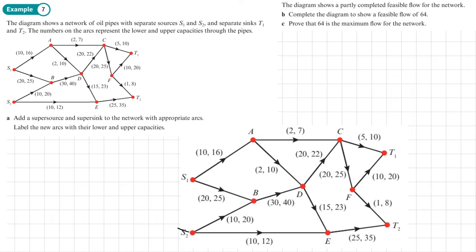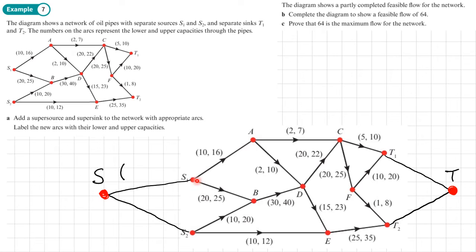Okay, so let's do that. Here, we'll label this S, and we'll do the same to the sink here, and we'll label this T. And if we want to write the capacities down, then the minimum capacity is going to be the sum of the minimum capacities at S1, which is going to be 30, and its upper capacity is going to be 25 plus 16, which is going to be 41.